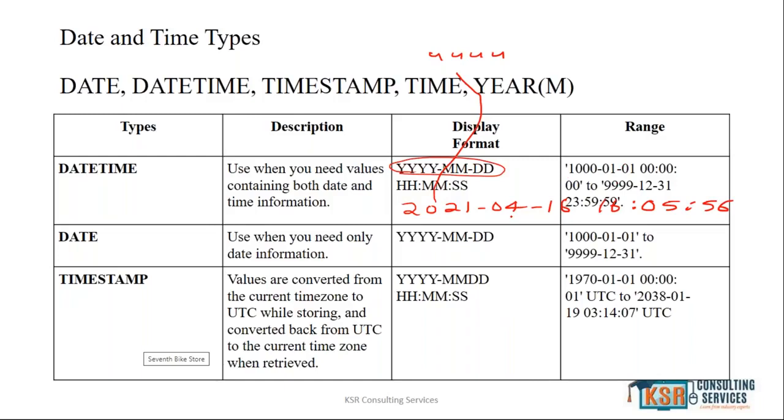This is going to be mm. This is going to be dd. This is going to be r. It's in railway timings. So this is going to be minutes. This is going to be seconds.